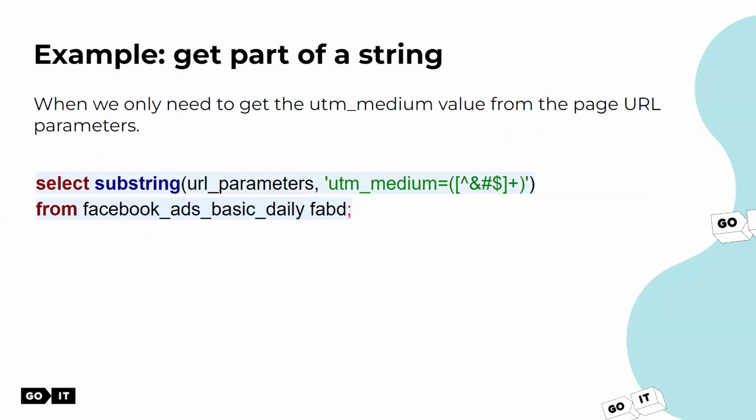Or we can also get part of a string. For example, we just want to get the UTM medium value from the page URL parameters.